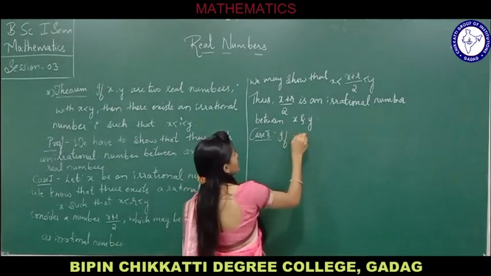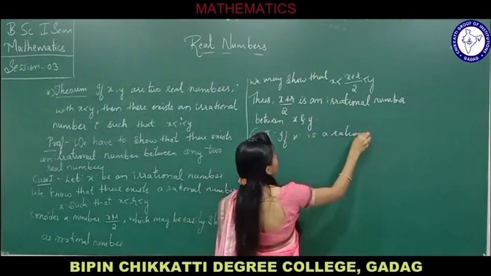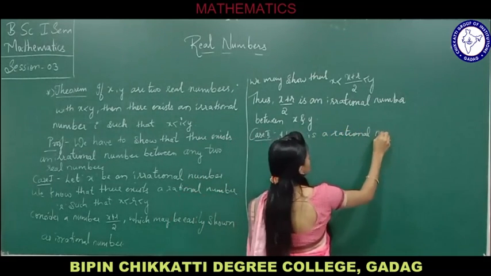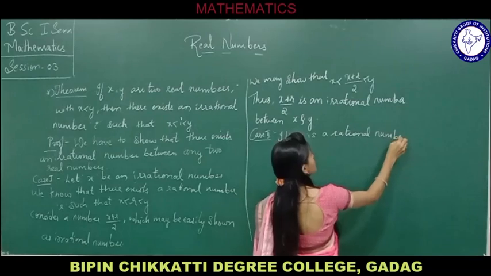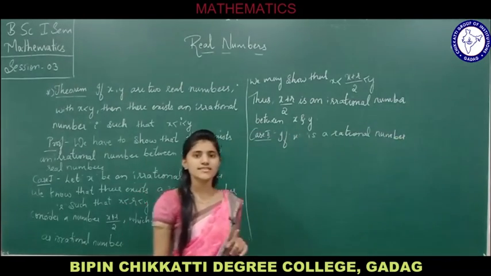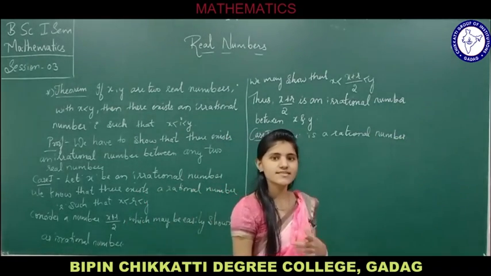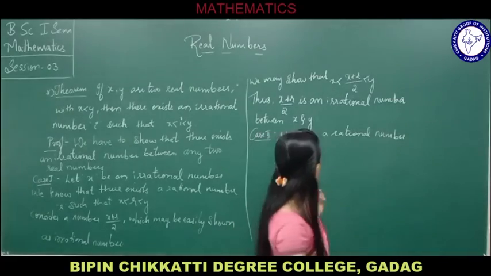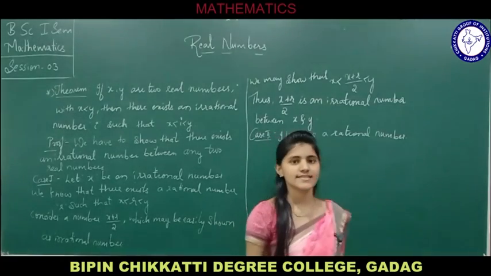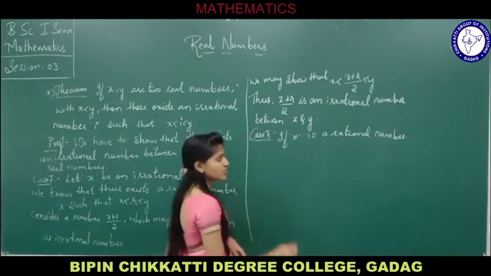If x is a rational number, see, what we are going to do here is, we all very well know that root 2 is an irrational number, right? We are going to consider this simple fact and prove this case too. We shall make use of the known fact.